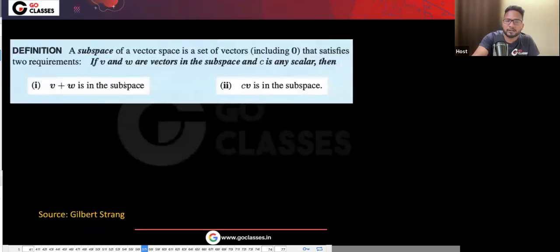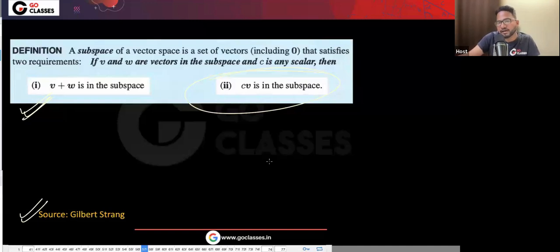So again, this is from Gilbert Strang. A subspace of a vector space is a set of vectors, including zero, that satisfy two requirements. So basically, the linear combination v plus u or cv has to be in the same space. What I'm trying to say is that first of all it has to be a subset.